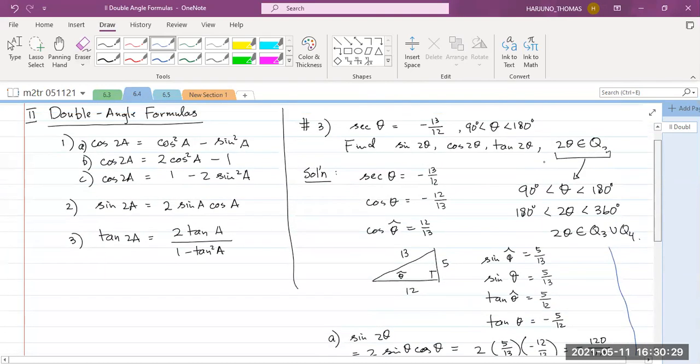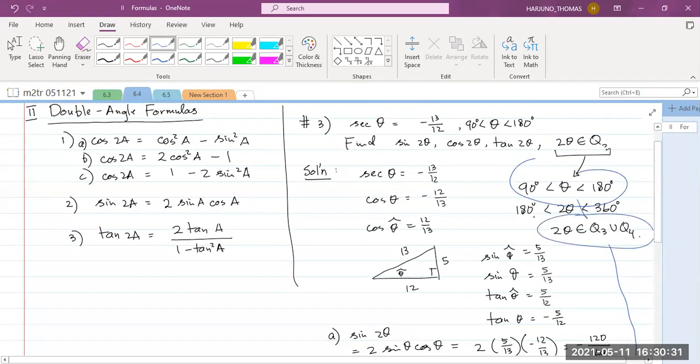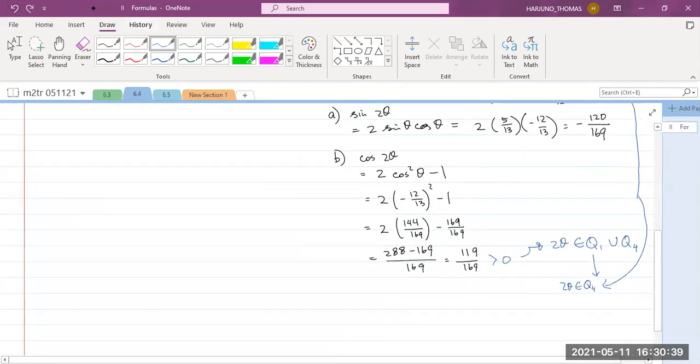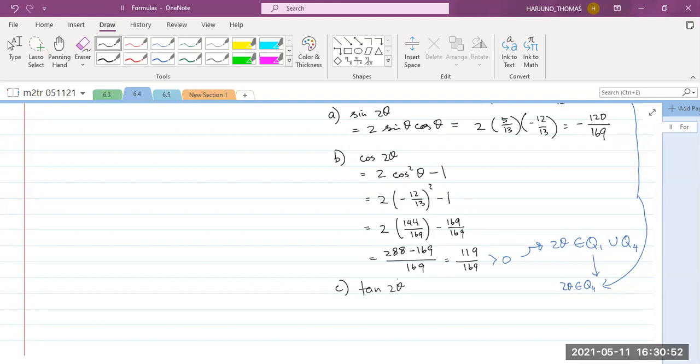From the doubling the angle point of view, it's 3 or 4. So it must be in quadrant 4. Now with that said, as we expect, when we compute tangent 2 theta later on, it is supposed to be negative. Otherwise it will contradict what we have known so far, that 2 theta is in quadrant 4.